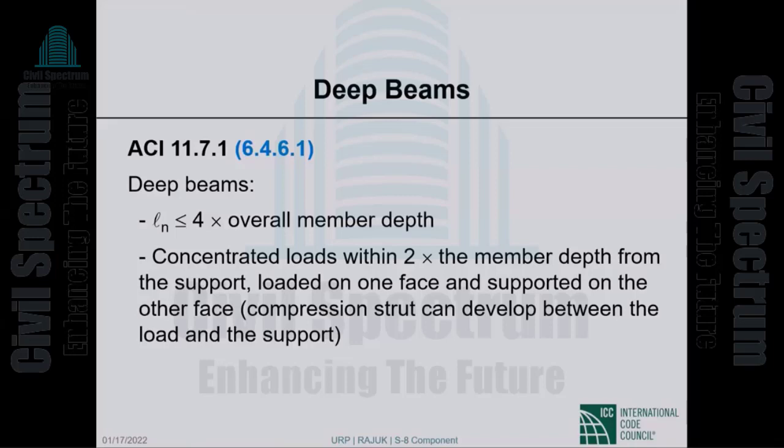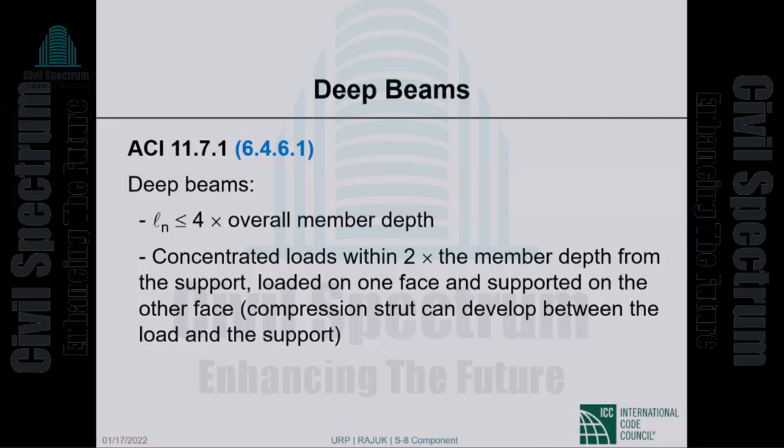So deep beams, by definition, these definitions keep on changing. So remember, your code is 318-08, BNBC 2020. Okay. So everything I tell you is 318-08, BNBC 2020, unless I specifically mention this is how it was in 318-99 or something like that. Okay.